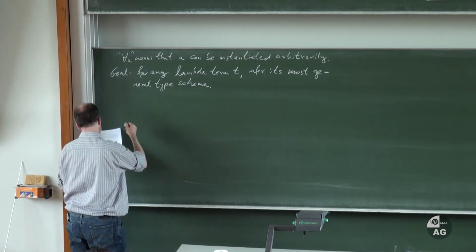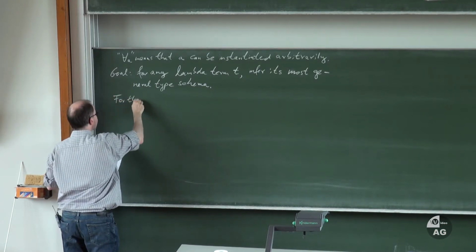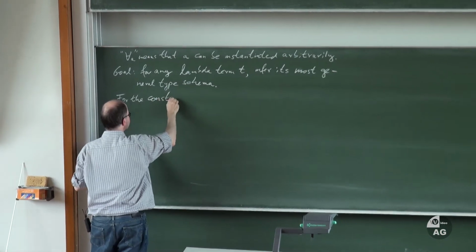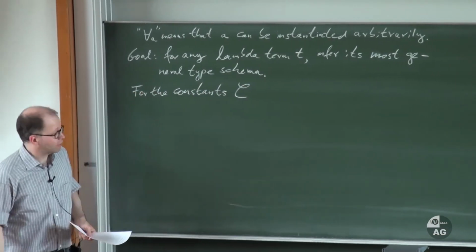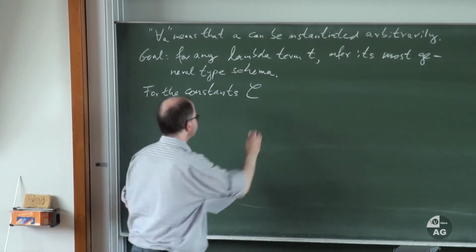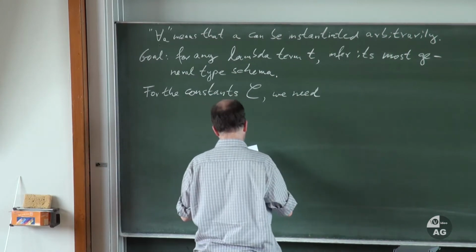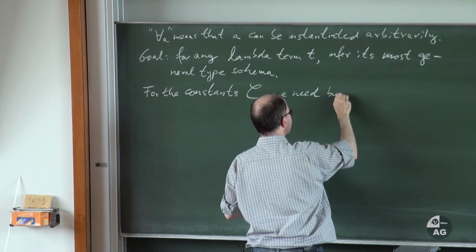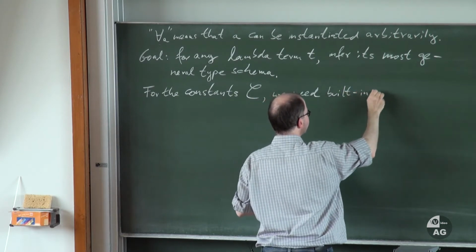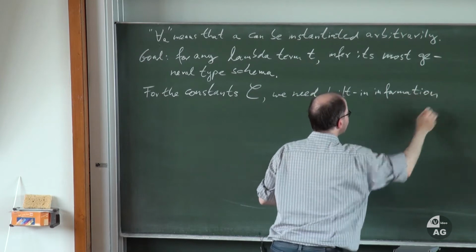So for the constants C, so C was the set of constants in the lambda calculus, we need built-in or predefined information on their types.